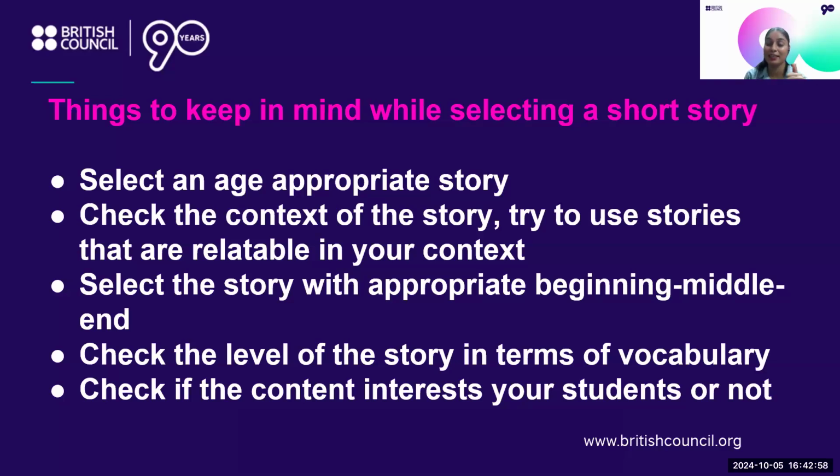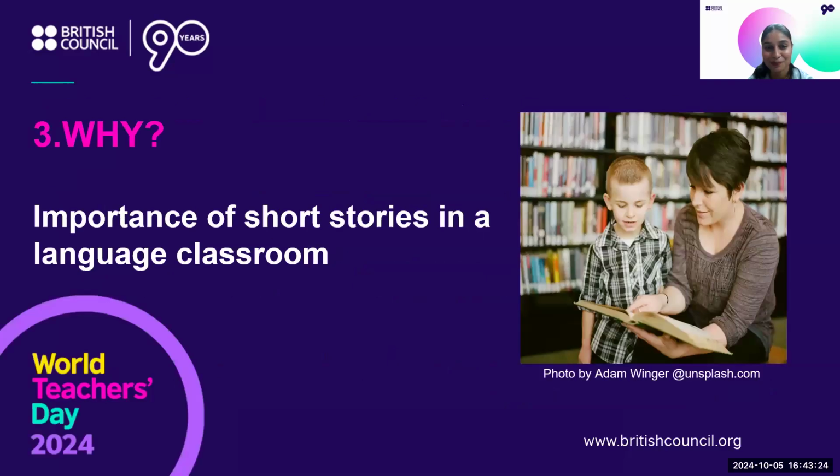So the content of the story should be such that it interests my learners. So I need to think from their perspective, not what I am interested in, but what they might be interested in. So this is going to be a game changer while you're selecting short stories in your classroom. I hope now we'll be able to select better stories for our classes.